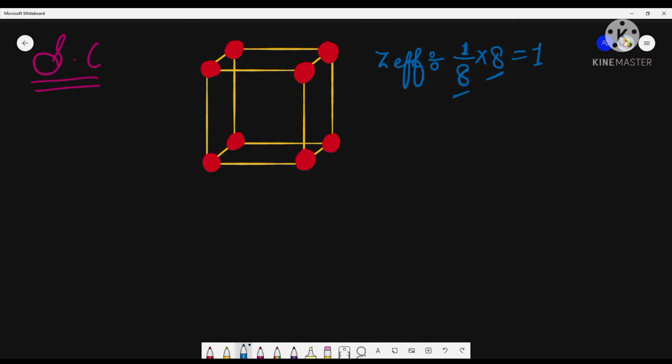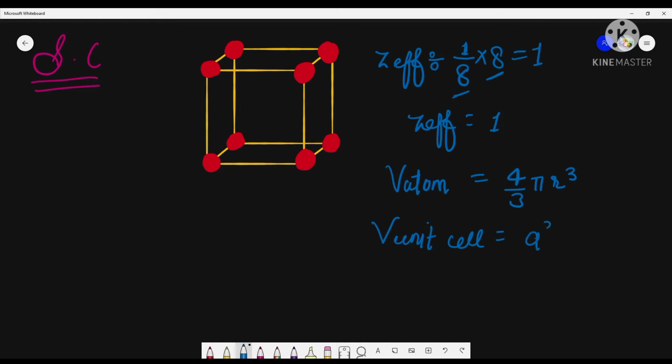Here Z effective equals 1, and the volume of atom is 4 by 3 pi r cube, because it looks like a sphere. The volume of unit cell is equal to a cube, if we take its edge length as a.